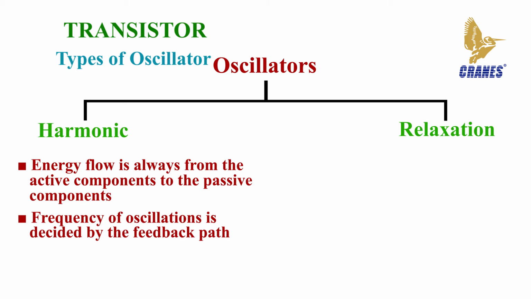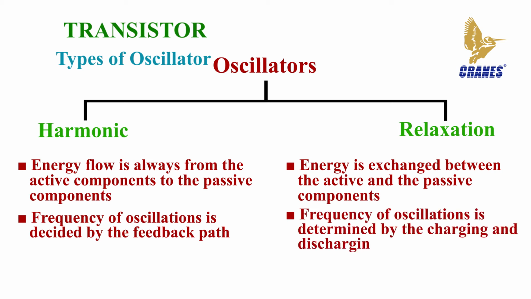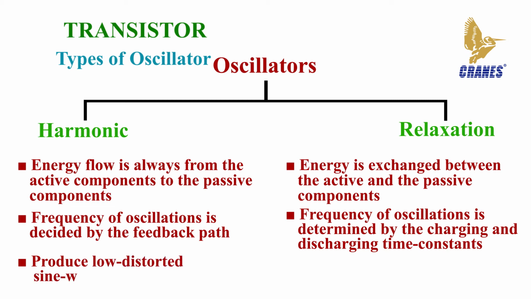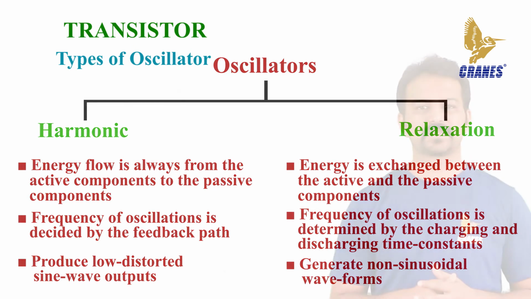Whereas in relaxation oscillator, the energy is exchanged between the active and the passive components, and the frequency of oscillations is determined by the charging and discharging time constants involved in this process. Further, the harmonic oscillators produce low distorted sine wave outputs, while the relaxation oscillators generate non-sinusoidal waveforms like sawtooth, triangular or the square waveforms.